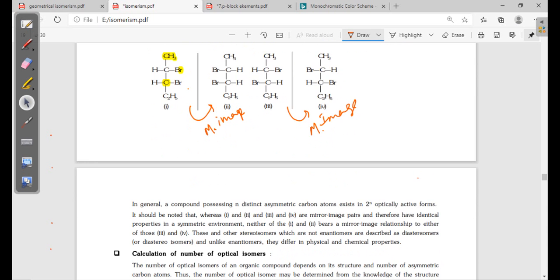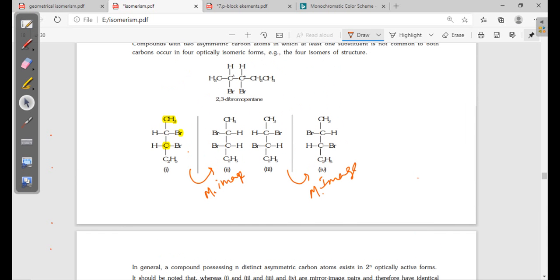Now, in total how many isomers are there? Four isomers are there. So what is the formula? 2 to the power of n, where n is the number of chiral centers. So 2 squared means 4 isomers are possible. Out of these 4 isomers, we have to tell which are homomers, enantiomers or diastereomers.